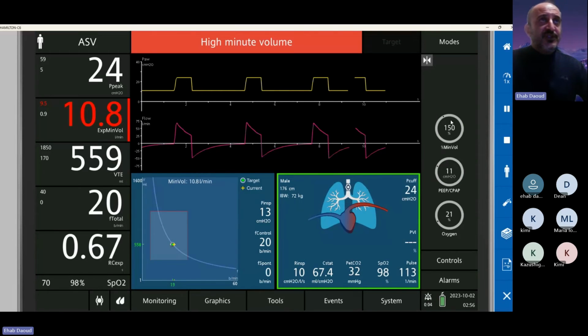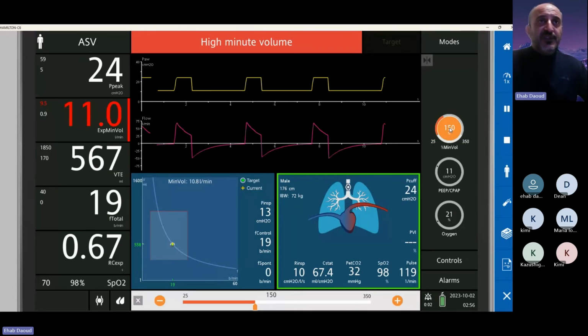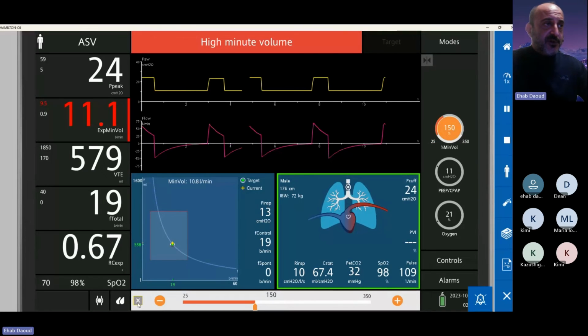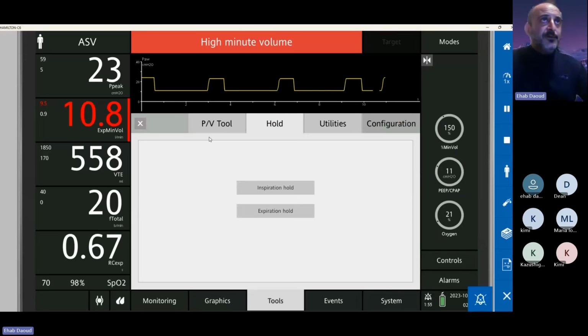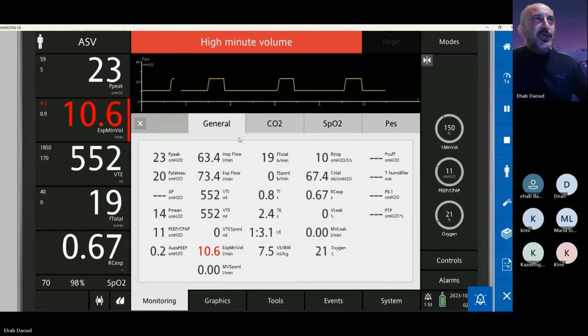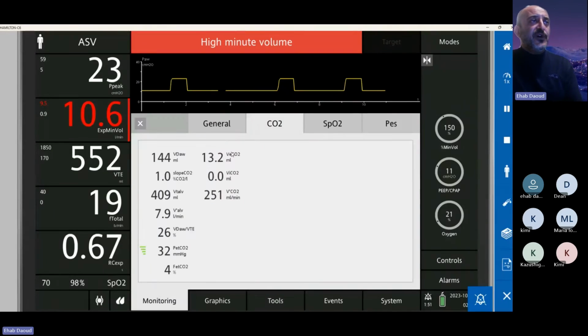The more the patient improves, of course, for example, let's take a look at our CO2, and you find that my end tidal CO2 is 31.